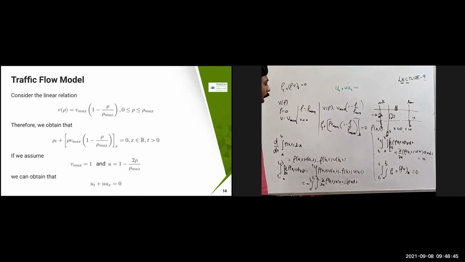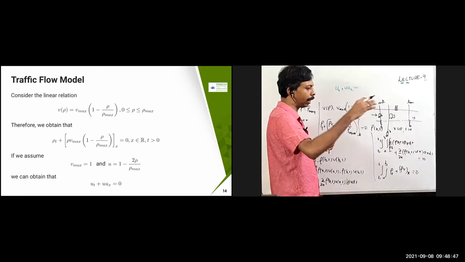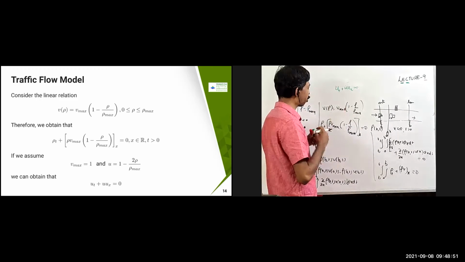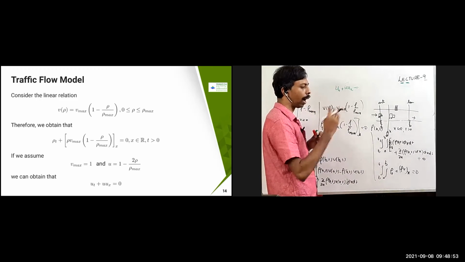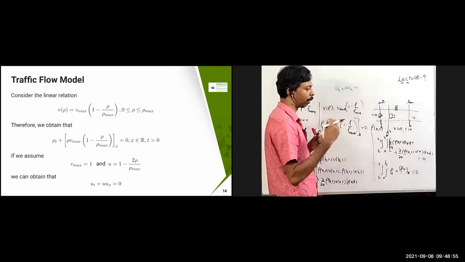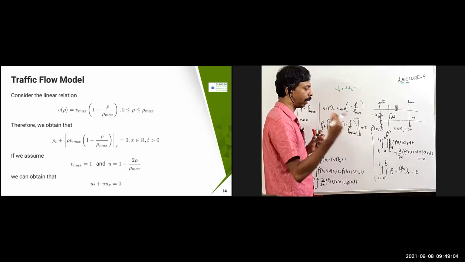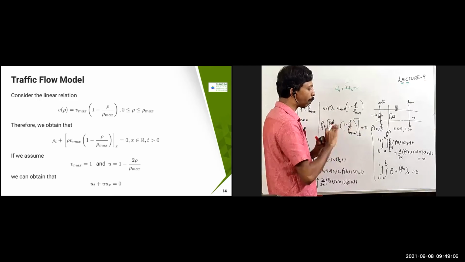If you assume V max equal to 1, whatever it is, either 90 kilometers or whatever, I'm just going to assume that it is 1. Accordingly I can scale it down. If it is 80 kilometers, I can name it as 1. If it is 60 kilometers, you divide 60 by 80, etc. So this is a normalization I'm going to do.